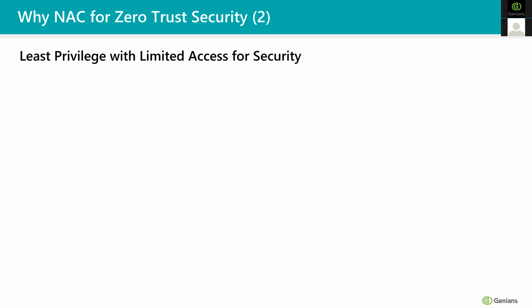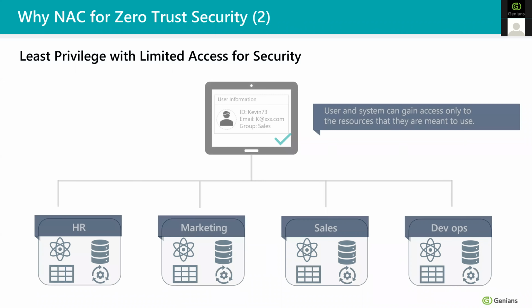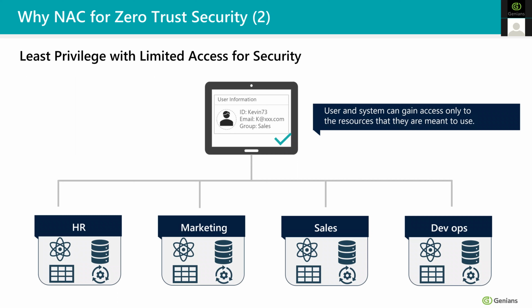You may think that this feature is not much different from the IP address management solution called IPAM. However, the big difference between NAC and IPAM is that NAC grants the device access only to the resource where the device is meant to be.